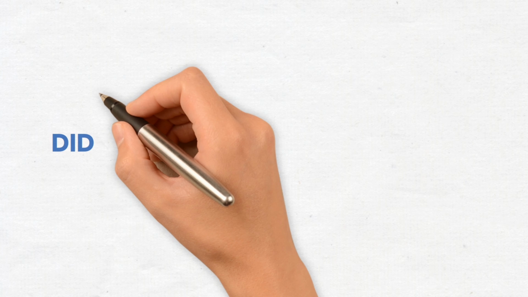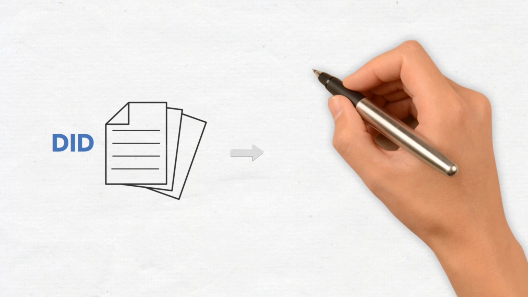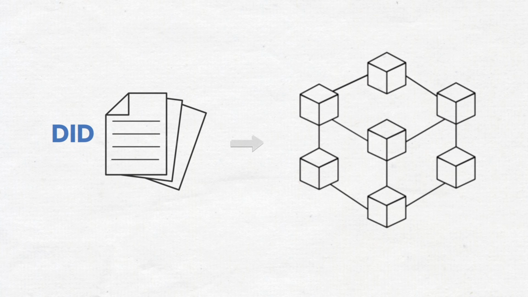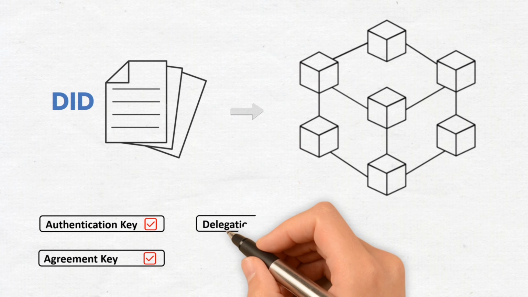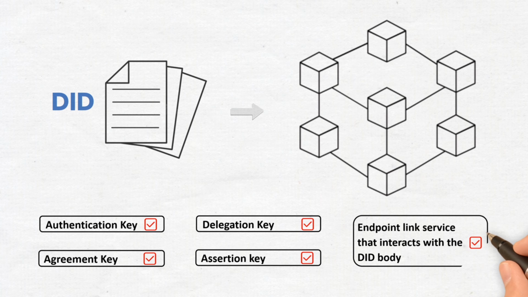A DID can be parsed into a DID document, which is stored in a decentralized data registry such as a blockchain, and contains information such as the authentication key, the agreement key, the delegation key, the assertion key, and the endpoint link service that interacts with the DID body.